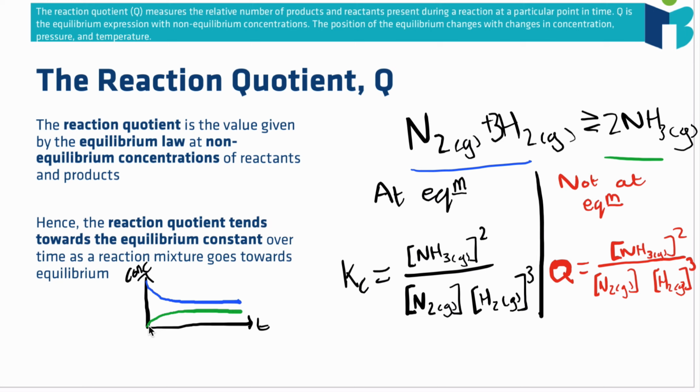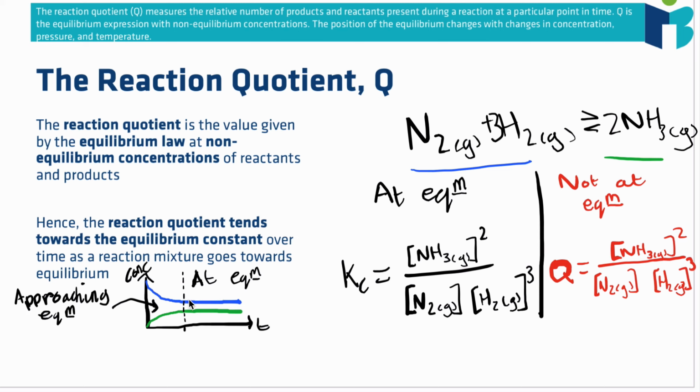Concentration of our products starts off low, increases to some constant value. At the point where they plateau, where they become completely flat, after this, we are at equilibrium. Before that, we're just approaching equilibrium, but we're not actually at our equilibrium concentrations yet.